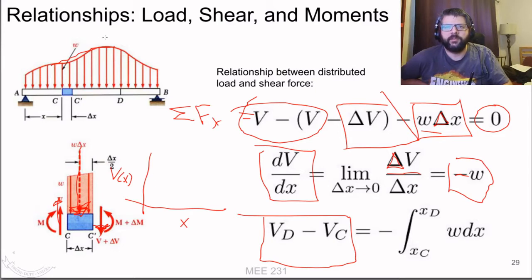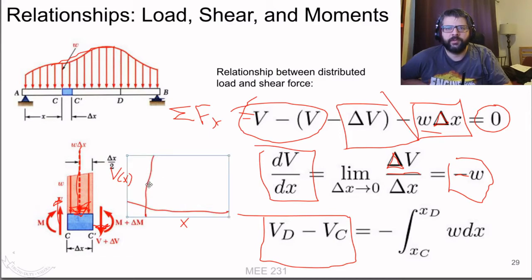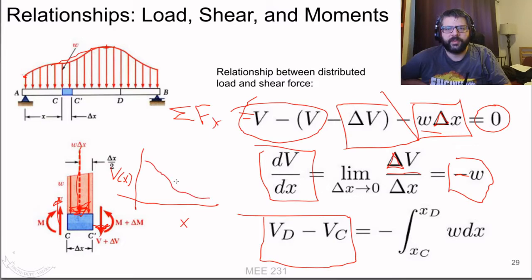So if we have a distributed load that looks something like this, then the slope is going to be smaller at this point, maximum at this point, and then start decreasing in slope, so it'll be something like that. We can always find out what the slope is by looking at the value of this.